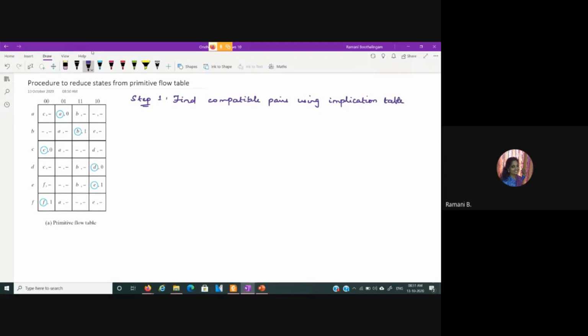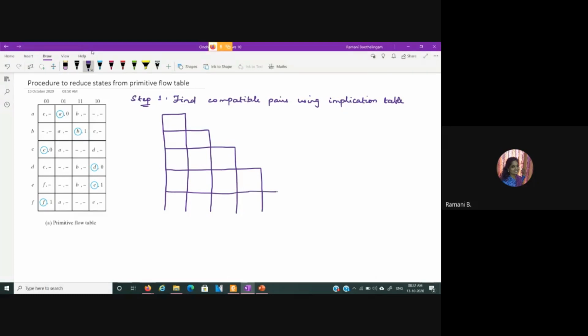As I mentioned, for the implication table, you leave out the first state along the rows and the last state along the columns.